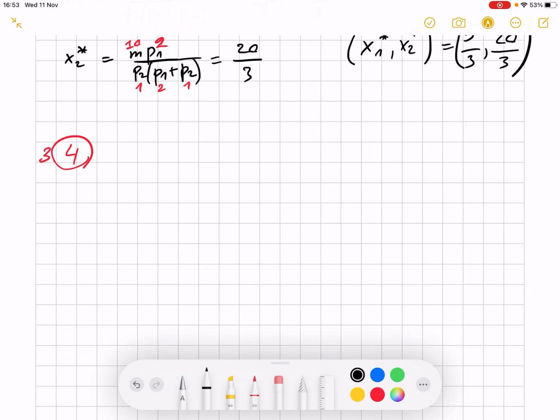So let's then move to exercise number 4. Here we have an individual with perfect complements preferences, income is 4, and prices are P1 and P2 equal to 1. So I will just rewrite what I have here. First we have the utility function with perfect complements preferences.